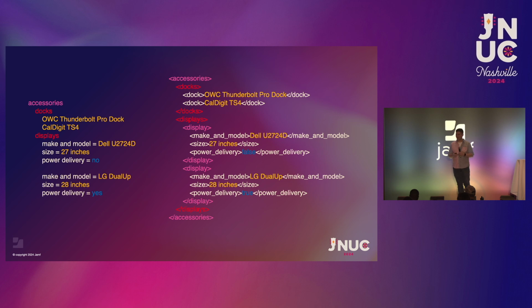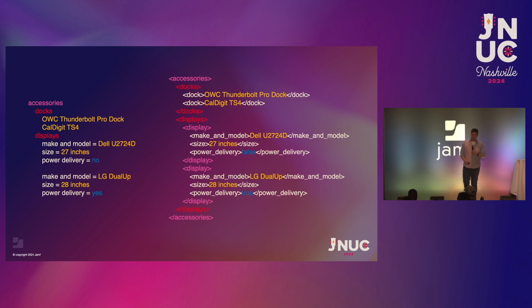XML doesn't really have an array type. So we have to wrap that data up somehow, so we wrap it up in just maybe a dock tag, right? Instead of docks, it's one dock. One of them is the OWC Thunderbolt Pro, the other one is a CalDigit.